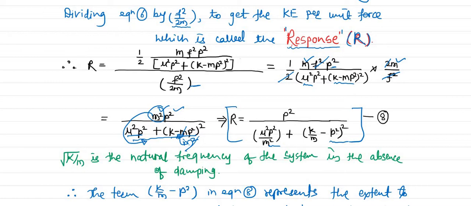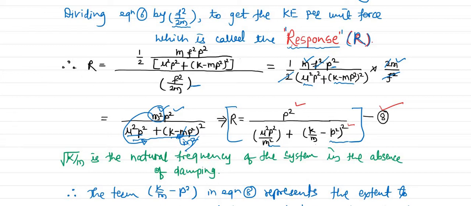That means the kinetic energy per unit force is called the response, and it is denoted by capital R. After calculation we got the response, equation number 8, as R = p² / [(μ²p²/m²) + (k/m − p²)²]. So this is the response, and that response will decide the sharpness of resonance.